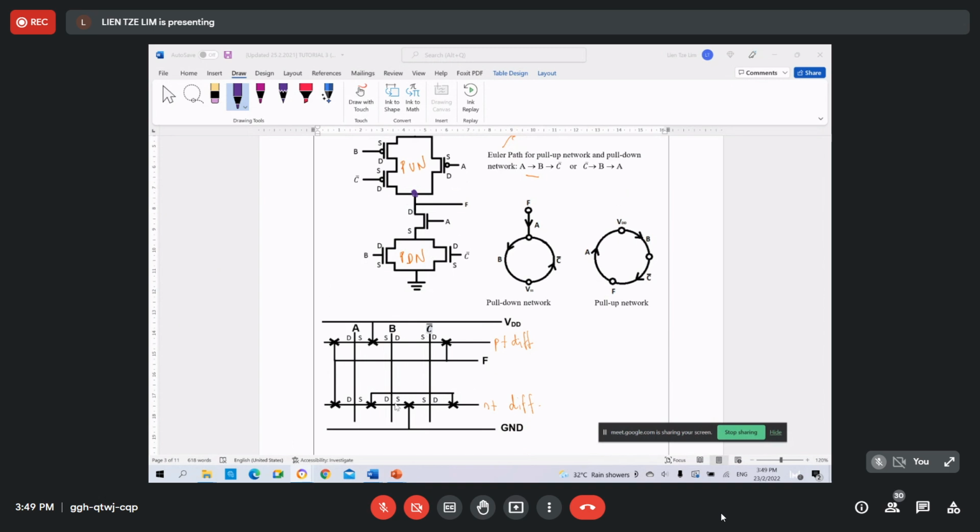After you understand this, you will be able to draw complicated circuits. For other stick diagrams with other pull-up paths, the connections here will of course also change.